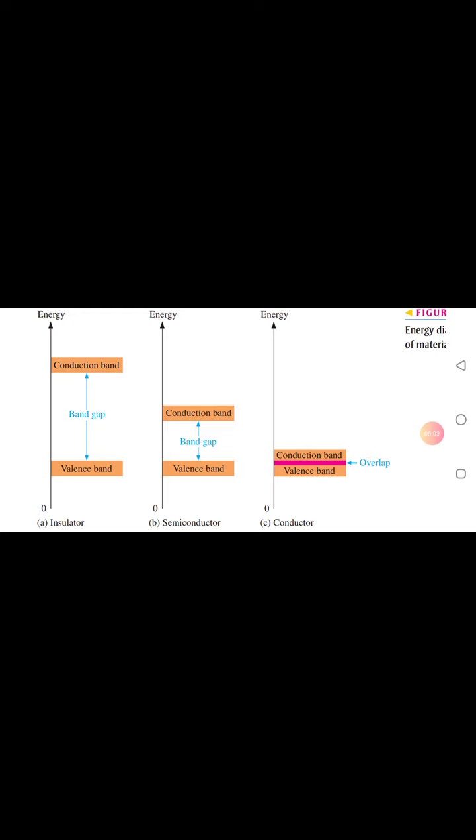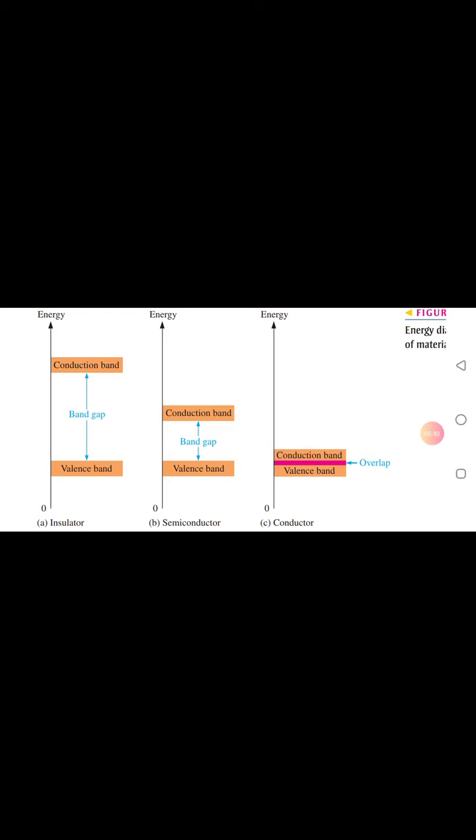There is a large band gap. A lot of energy has to be given externally to an insulator so that the electrons of the insulator will be able to jump from the valence band towards the conduction band. So you can see there is a great band gap of energy between the conduction band and valence band in figure A. This band gap is the amount of energy which is to be given externally to an insulative material.